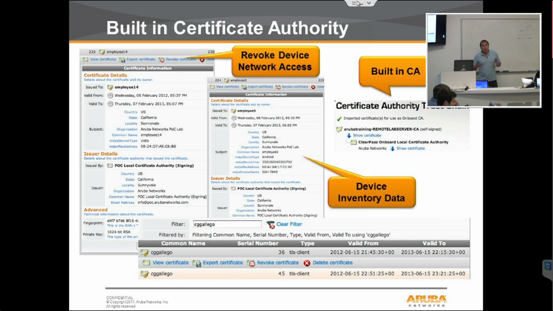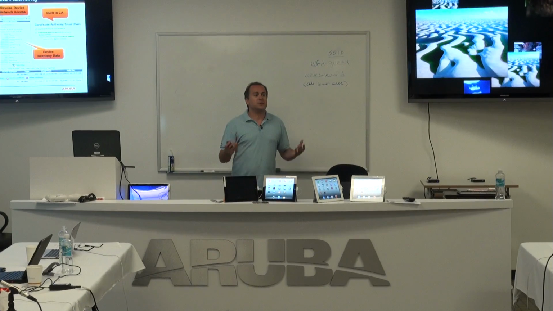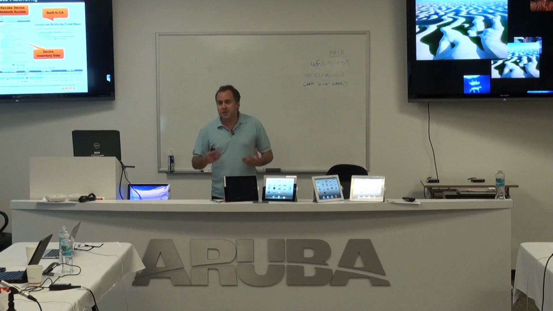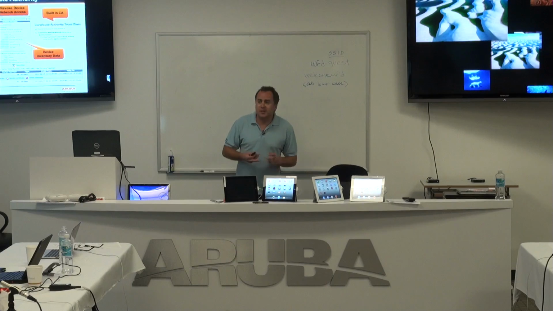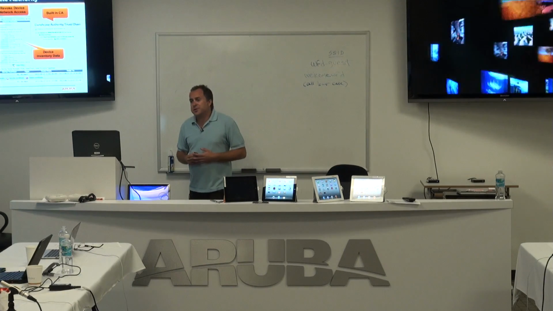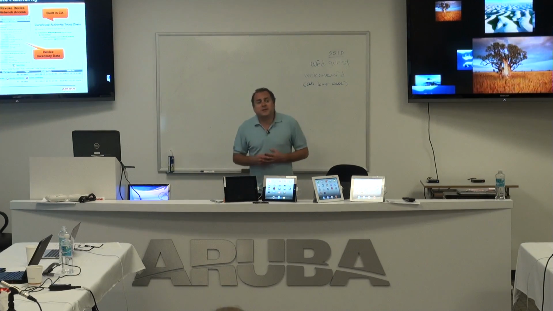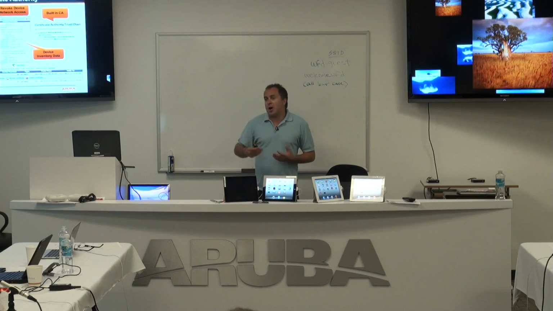So if we want to talk about bringing enterprise class features down into the mid-market, a whole series of customers out there would not have a PKI infrastructure installed, would not necessarily contemplate doing it because it requires certain technical skills, admin people, and people are scared in general of certs. So we've built one of those right into the system. It's very easy to set up, and it's obviously tied very closely with our entire onboarding capabilities.